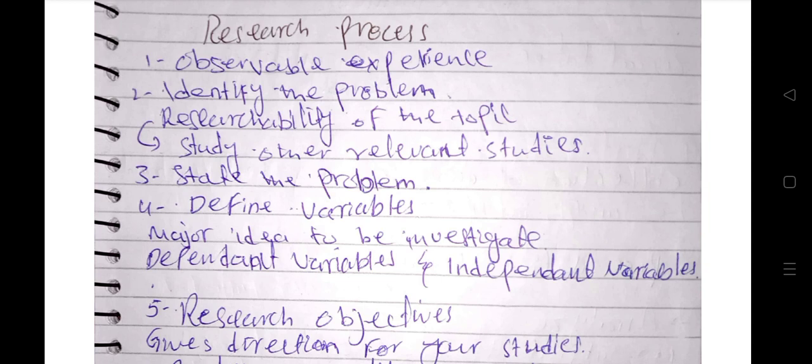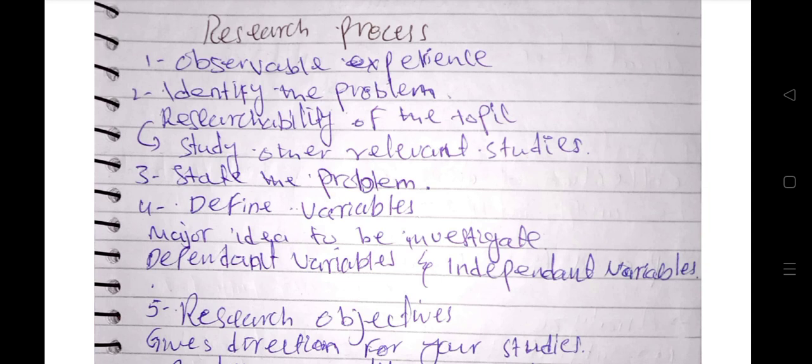So we will begin with observation. Research begins with observable experience. Obviously research is based on your experience or daily life experience, right? The very basic purpose of research is to solve a problem in daily life.